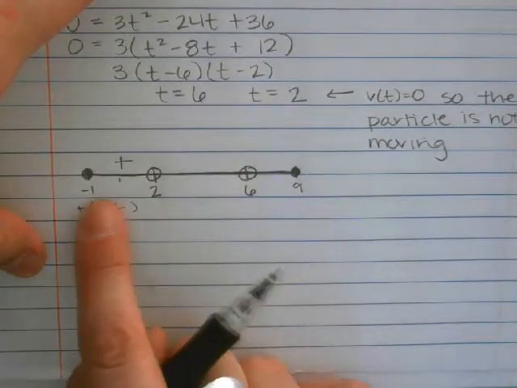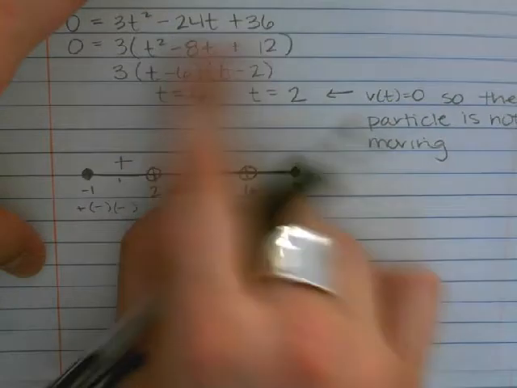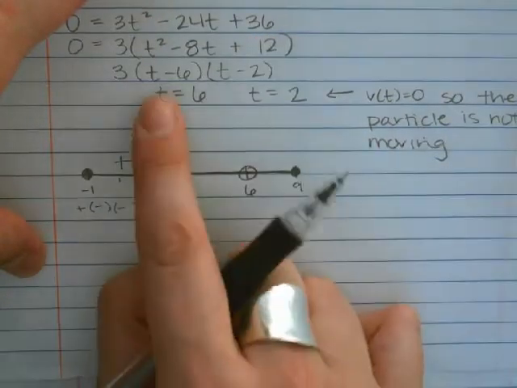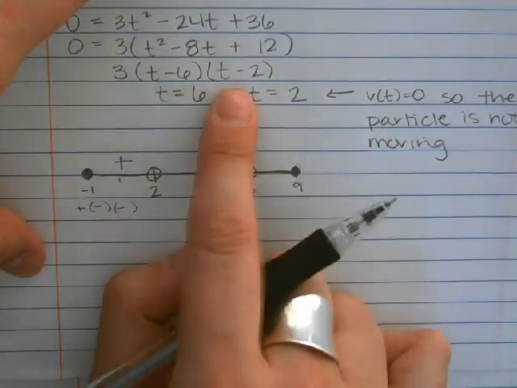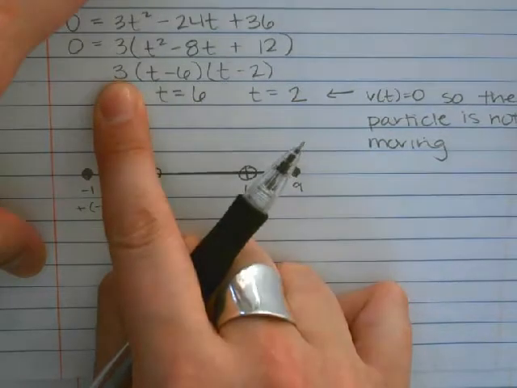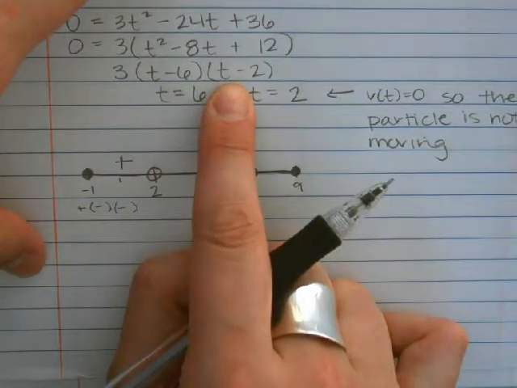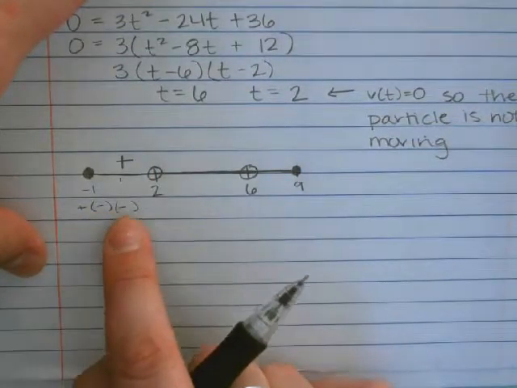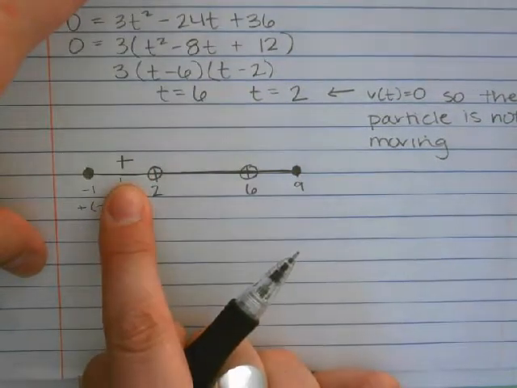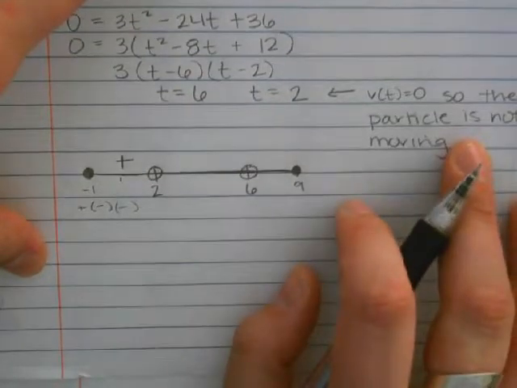So we picked a number between -1 and 2, and then you can plug it in to this velocity equation if you want, but I find it a little bit easier to plug it in right here because I don't care what the number is for the velocity, I only care what sign it is. So the 3 was positive, 1 minus 6 is negative, 1 minus 2 is negative. So if I do a positive times a negative times a negative, overall that's going to be a positive number, whatever it happens to be. Okay. Now we're going to choose a number between 2 and 6.